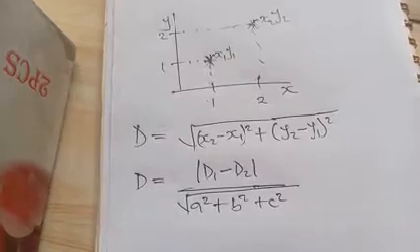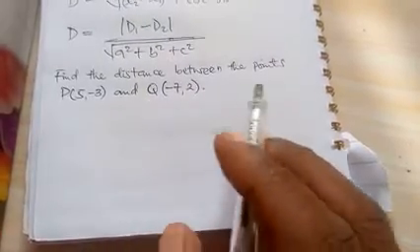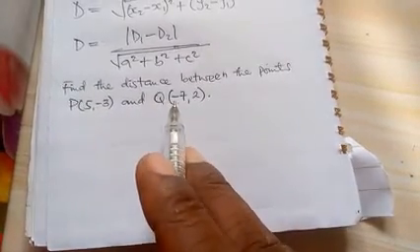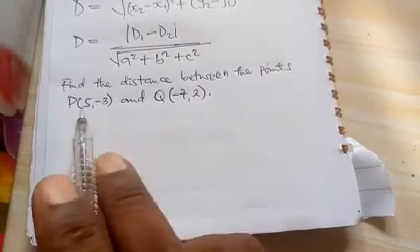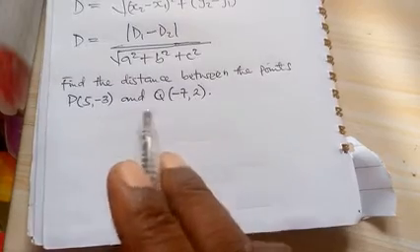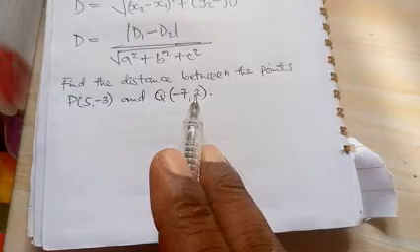So let's look at some examples. This question says, find the distance between the points P(5, minus 3) and Q(minus 7, 2). From these two points, this is x, this is y. This is also x, this is y. So we call this x1, y1, x2, y2.